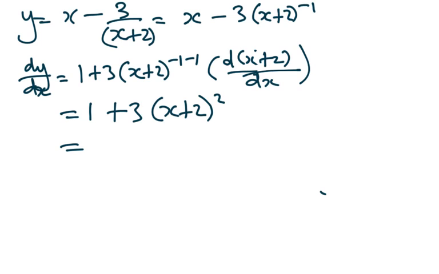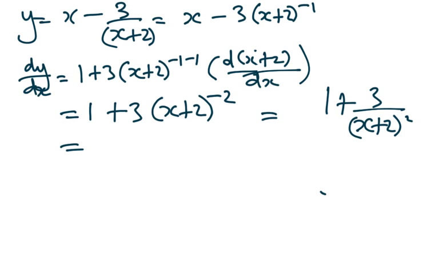So this is negative 2, guys. So I'm going to bring this down: 1 minus 3 over x plus 2 squared.